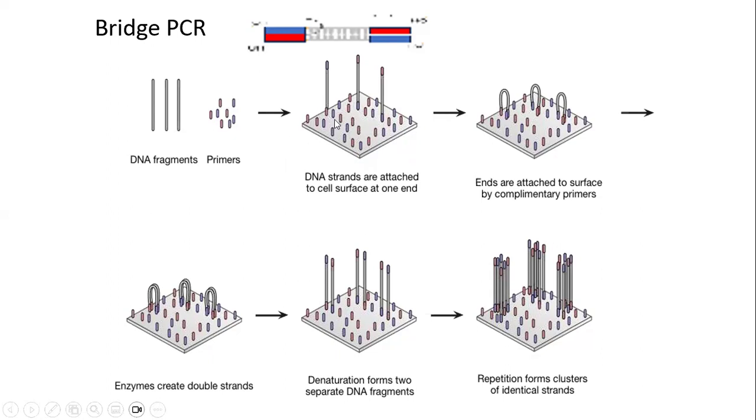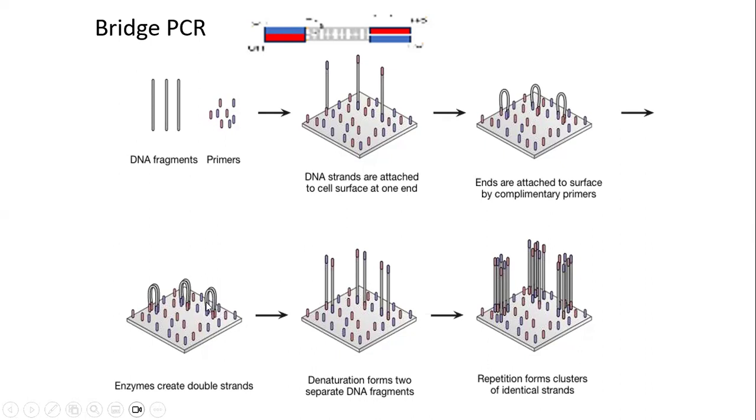Since these are single stranded fragments, they fold upon themselves and bind to the complementary primers by complementary base pairing at the other end. Then we add all the reagents required for PCR, and this converts the single stranded DNA into double strand.